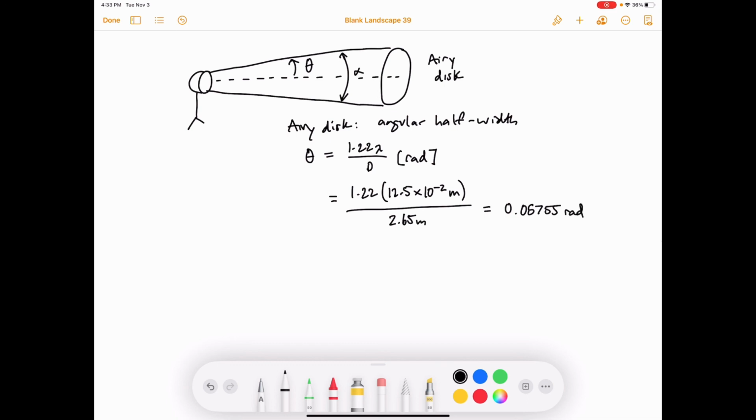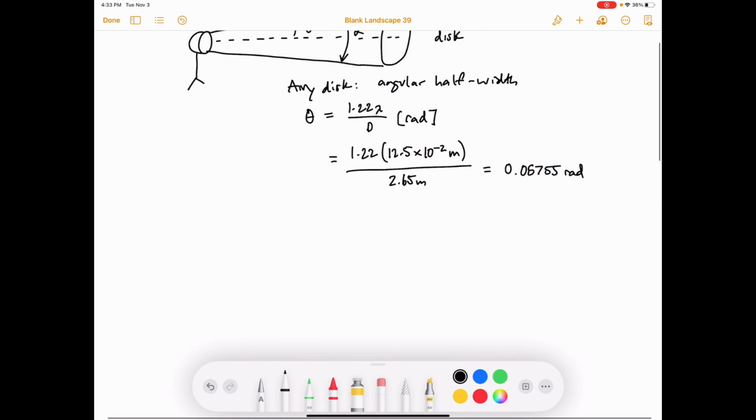But we want to convert that to degrees really quick. So multiply by the conversion factor: 2 pi radians on the bottom is equivalent to 360 degrees on top. So this is 3.297 degrees, keeping 3 sig figs, by the way.